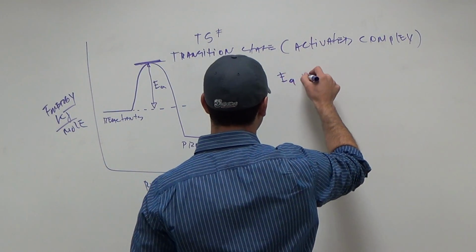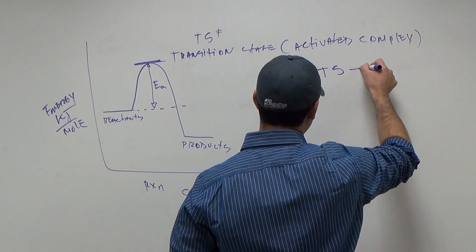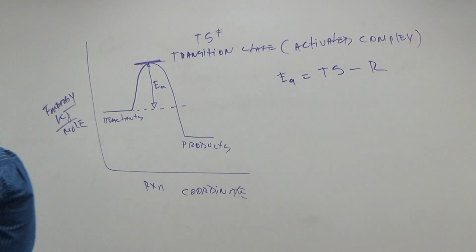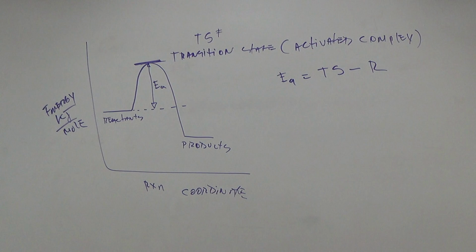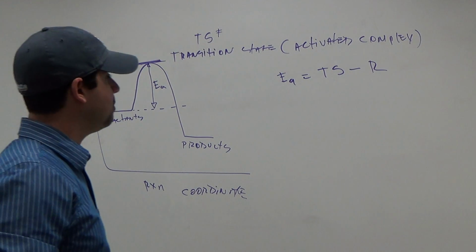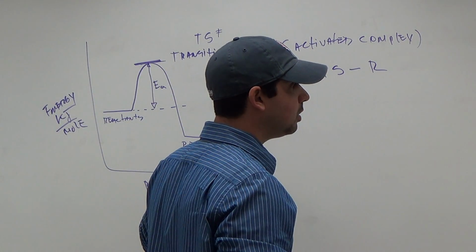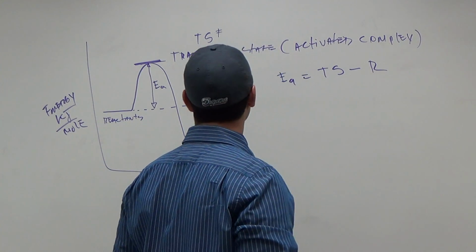So energy of activation in a way is transition state minus reactants. That number is always what type of number? Positive or negative? It is always positive, because it is the energy required to do what? Break bonds before you can form new ones.